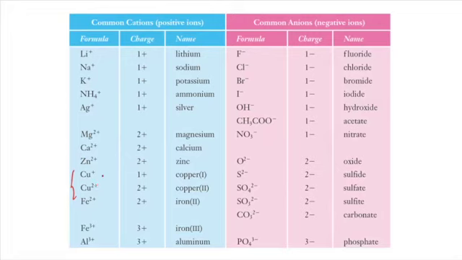When you have copper plus 1, we write it in brackets, copper (I). When you have two charge, we write it copper (II) in Roman numerals. And then the iron, you could have 2 or 3. So iron (II) and iron (III). And then we have aluminum, which is Al 3 plus. These are called cations. Cat comes first. That's positive, cat.